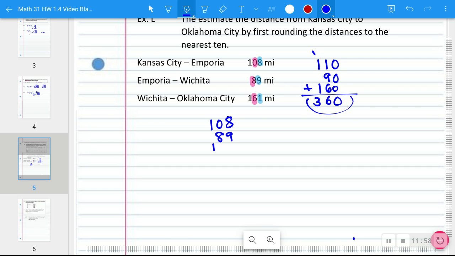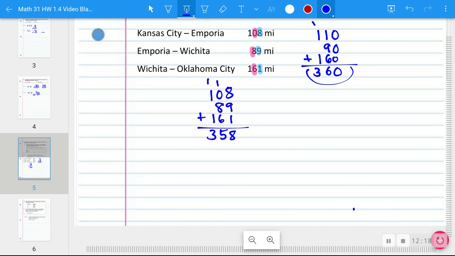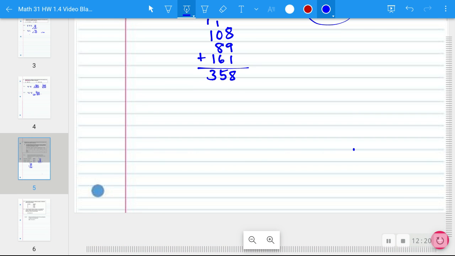I don't think it asks you to do this, but we're just doing it for fun. Okay, so the first column adds up to 18. And then 15 and 3. So 358 miles, and our estimate was 360, and you can see that's barely any error.